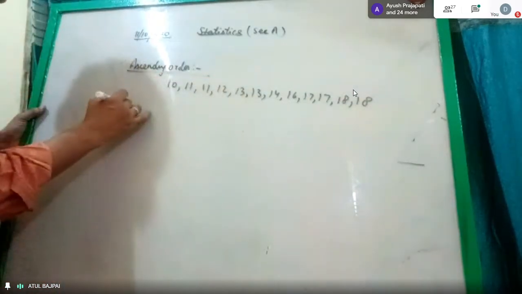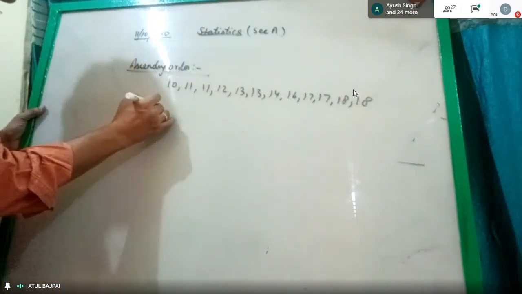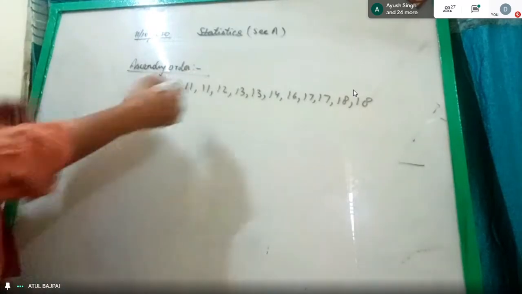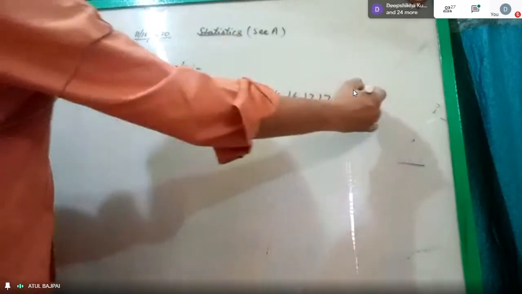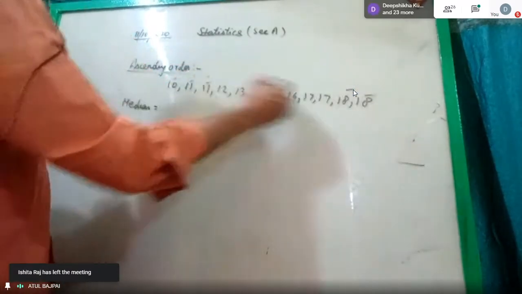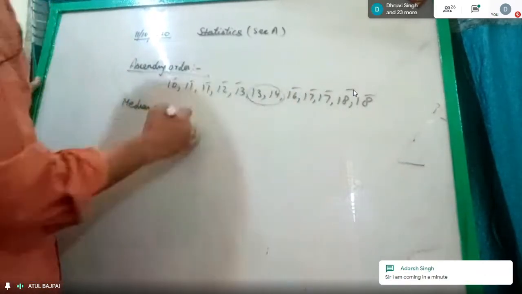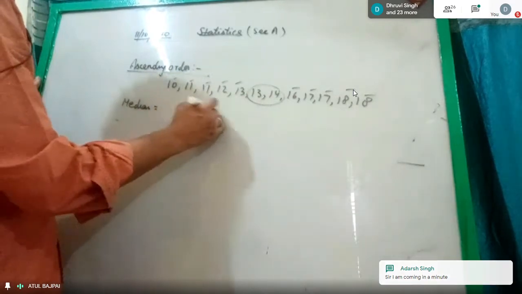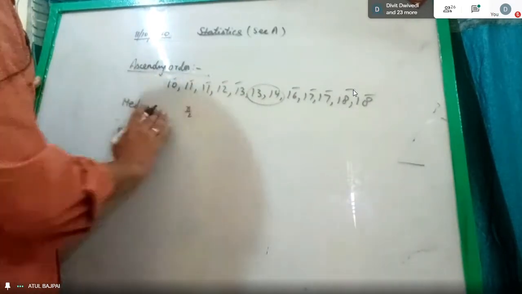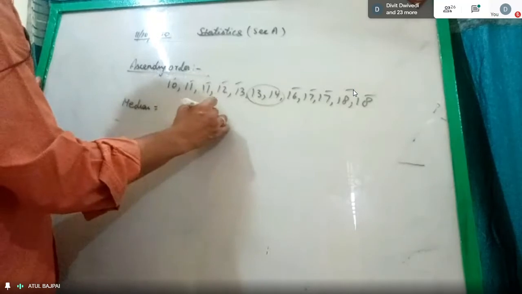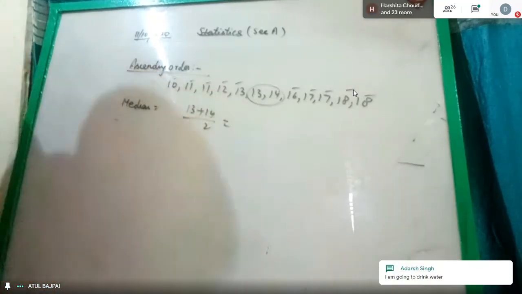Okay. Now, how do we find the median? In this case, the middle value. We can apply the formula. I tell the students to make a pairing of first and last, and you can write the formula to show what they are doing. You write the n by 2 term plus the (n by 2 plus 1) term, upon 2. So here we get 13 plus 14 by 2.